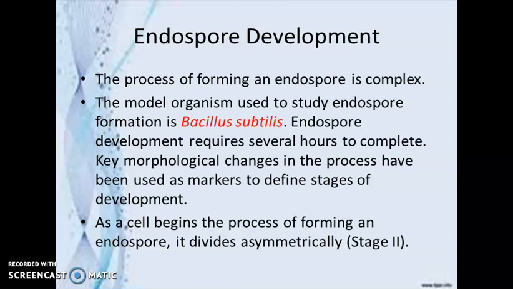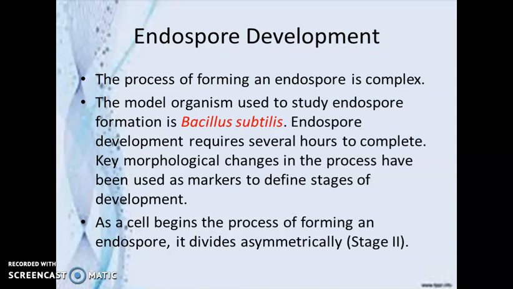Endospore development requires several hours to complete. It is not an easy process. During this process, key morphological changes occur and they are used as markers to define the stages of development. So several different types of morphological changes occur during endospore development.